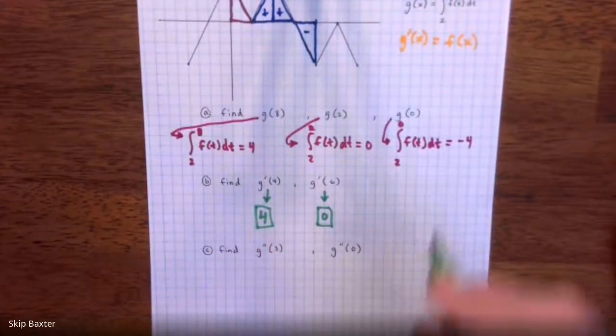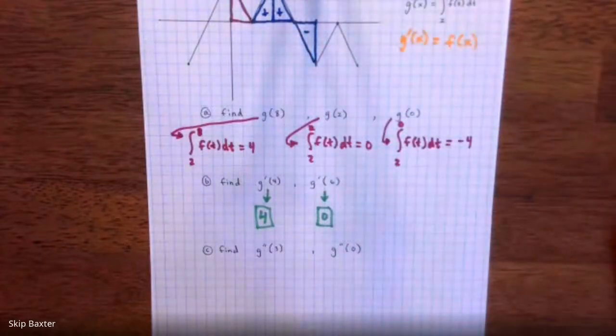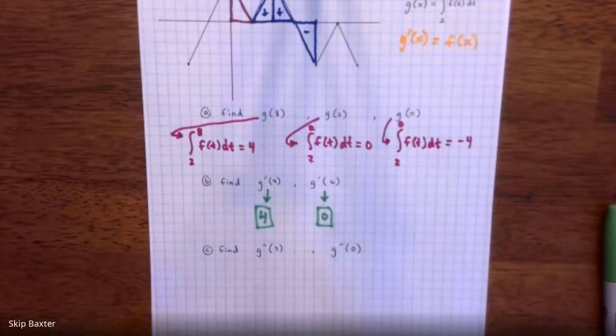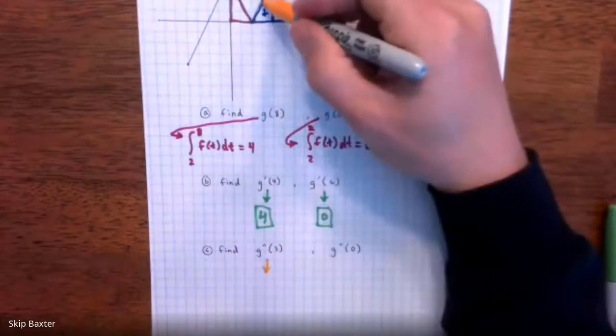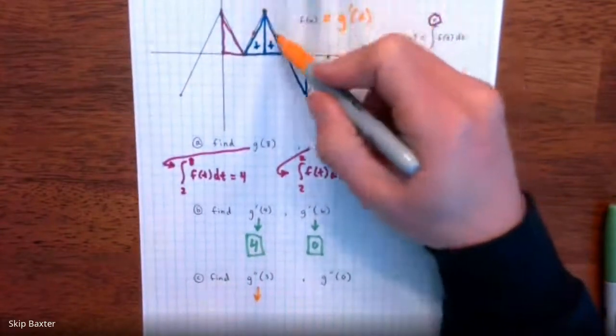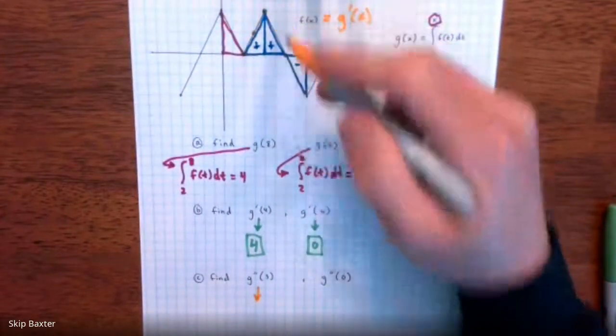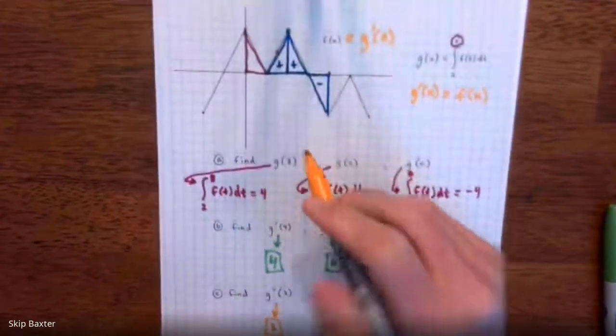G double prime is really the derivative of the graph that I have here. So if I'm trying to find the derivative of this graph at 3, well, 3 is here. The derivative of that graph would be the slope of that little line segment right there. The slope of that line segment is 2, so this would be 2. G double prime of 0, look at my graph.